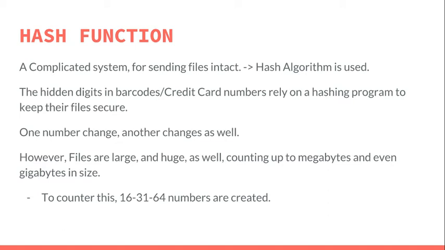So for example, in a credit card, it's not only the 16 numbers in the front and 3 numbers on the back. The 3 numbers on the back are there because of the 16 numbers. So if you change one number on the front, the back will also change. For example, you have a credit card with the number 0 all the way through 16 digits, and the back is 001.